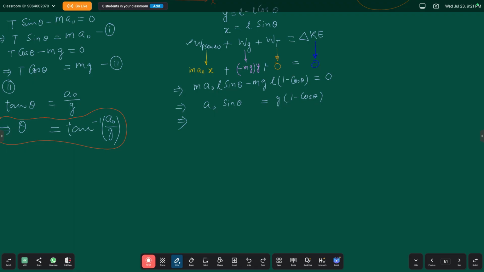So we are interested in knowing the angle of deflection, that is theta. So we will convert this into 2 sine theta by 2 into cos theta by 2, equals g into 2 sine squared theta by 2, by trigonometry.